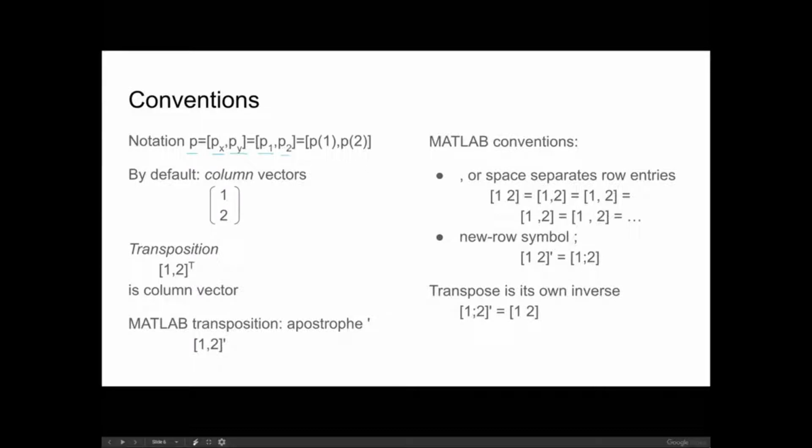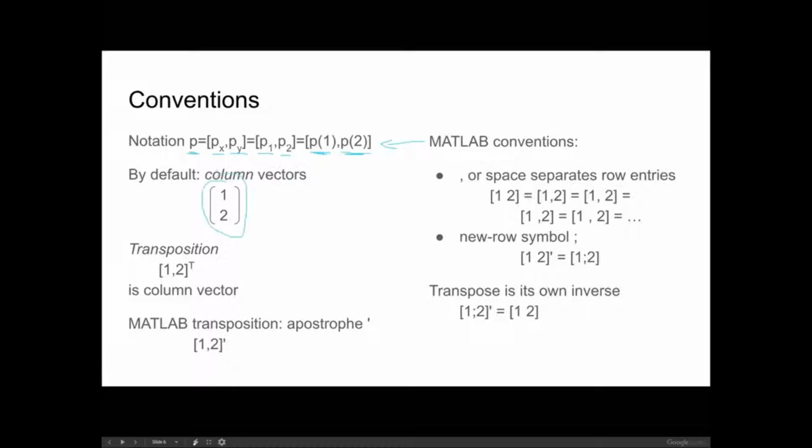Sometimes we will denote them as p1 and p2, or using this MATLAB style, p(1) and p(2). So if p is a vector or a matrix with two entries, then the first entry is denoted p of 1, the second entry is denoted p of 2. That's very much like MATLAB style. It's pretty convenient, and if you ever need to implement things in MATLAB, you can take it directly from the lectures.